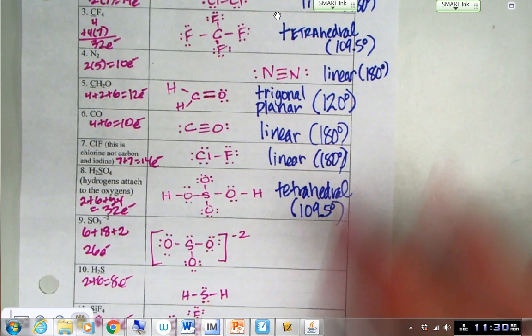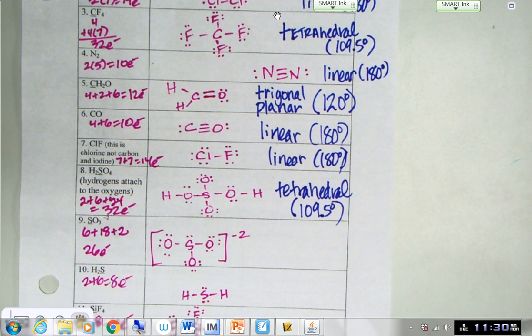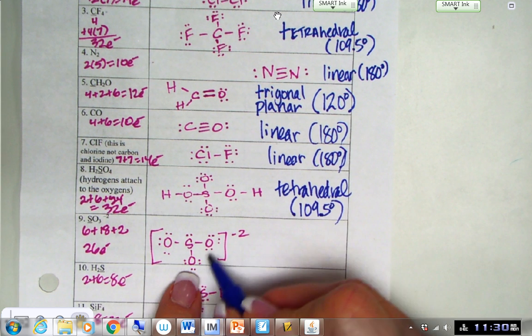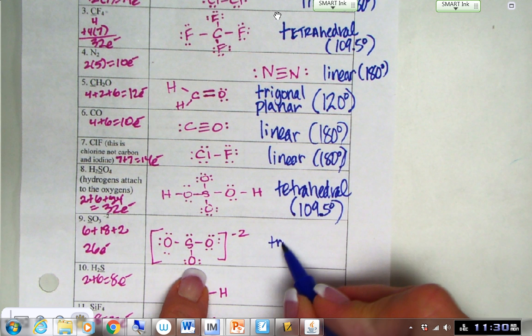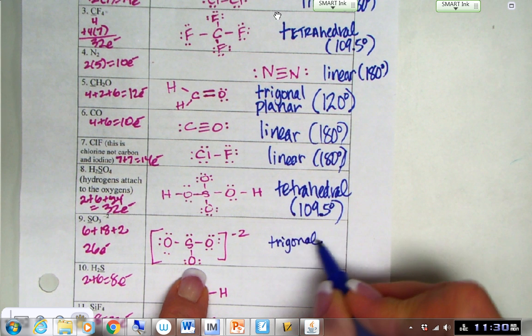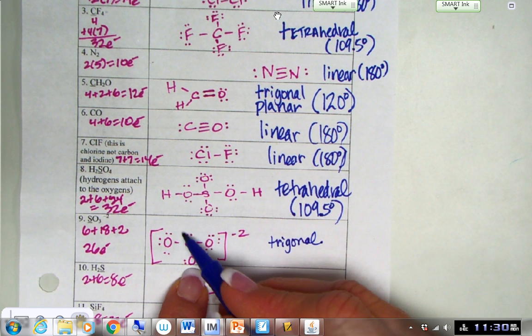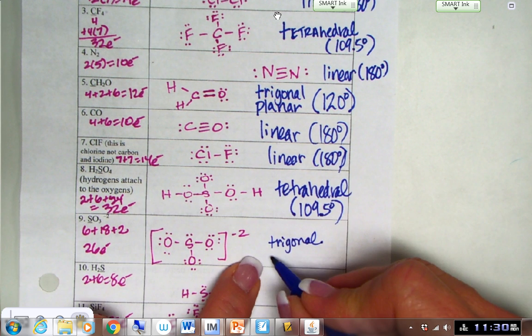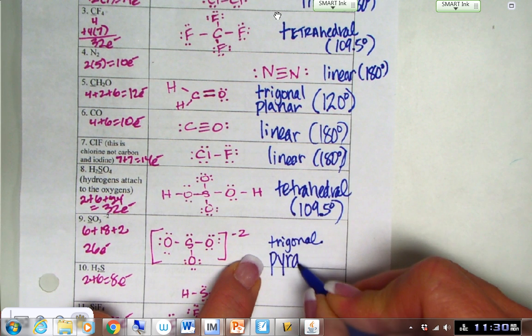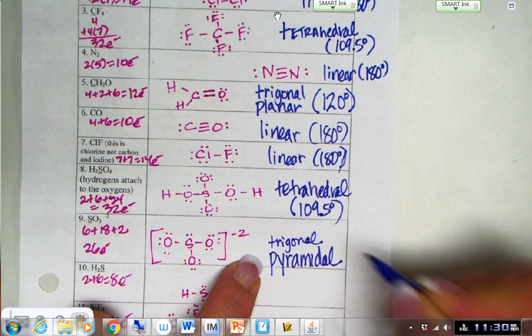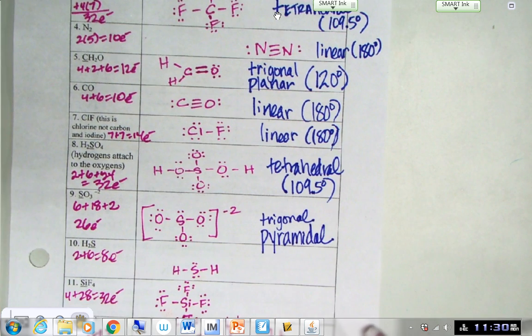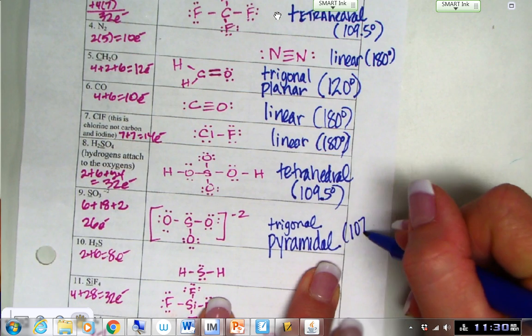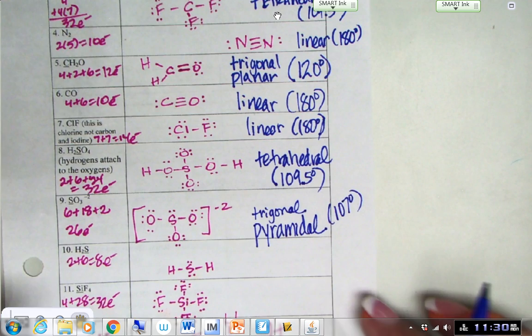All right, for number 9, hopefully you said trigonal because there's 3 atoms on it, so trigonal. And the lone pairs here are going to bend those oxygen bonds downwards, so it's going to be pyramidal. And the bond angle for trigonal pyramidal is always 107 degrees. Again, you got to memorize the corresponding bond angle.